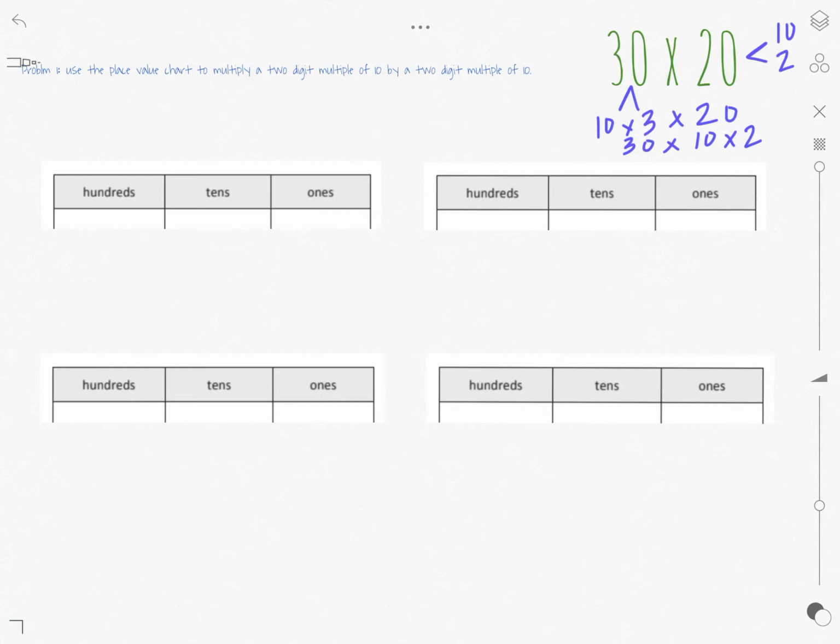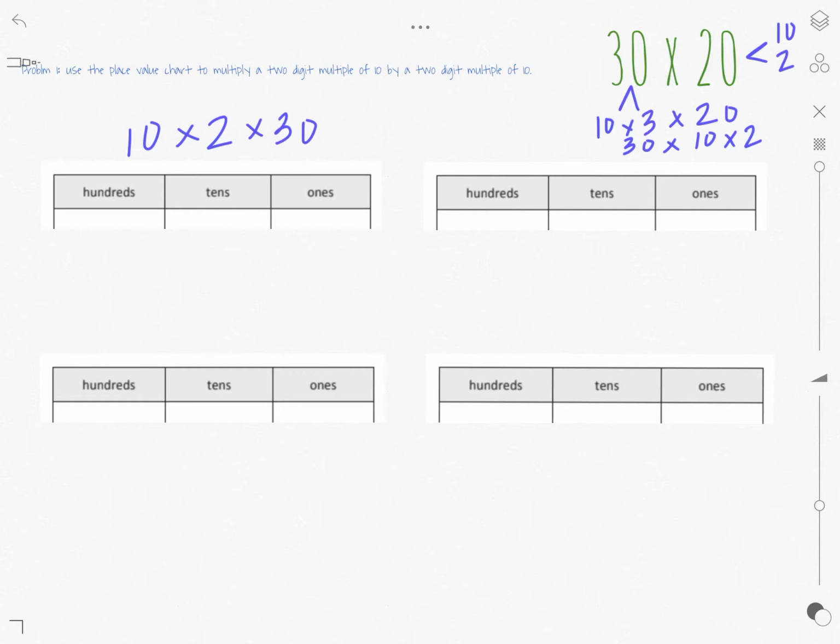So let's look at this first place value chart over here on the left. We're going to be solving for this place value chart the 10 times 2 times 30. For this, I want to be thinking about what I've already learned, what I've had experience with here. So I'm not going to worry about the 10 right now.